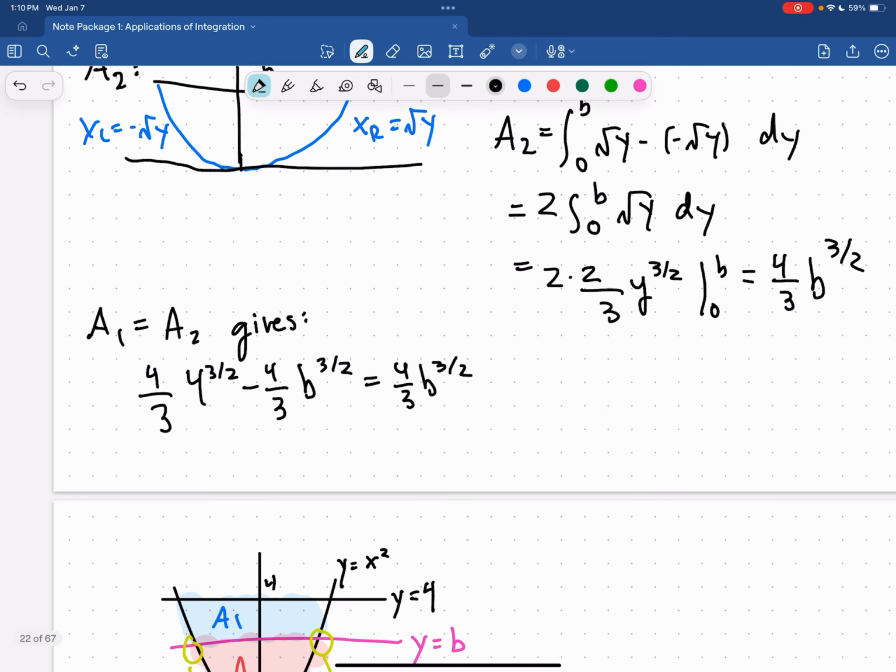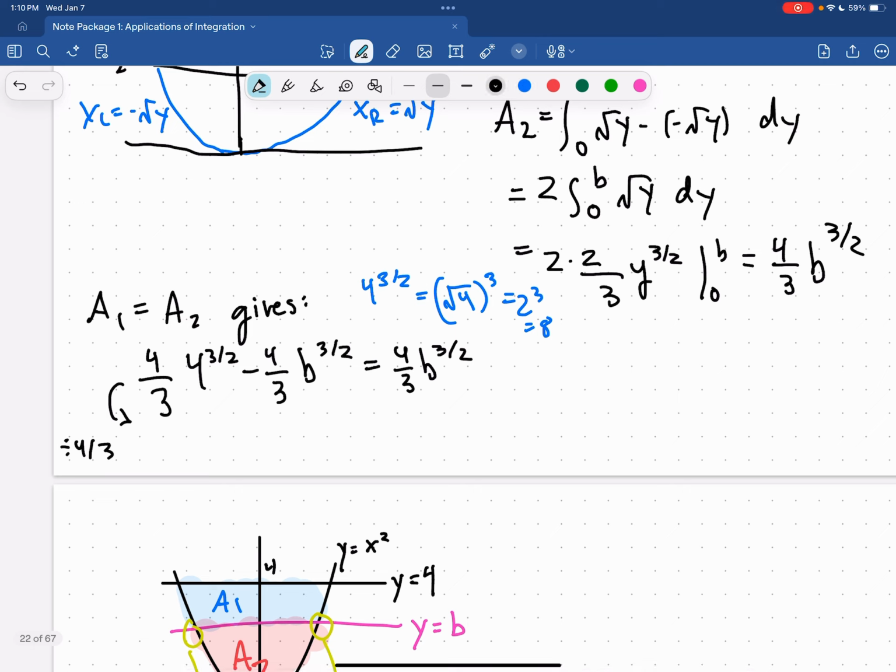Well, what we can do here is divide by 4 over 3. That gives us, and then here, this 4 to the 3 over 2, that's the same thing as root 4 cubed, so 2 cubed, so it's 8.